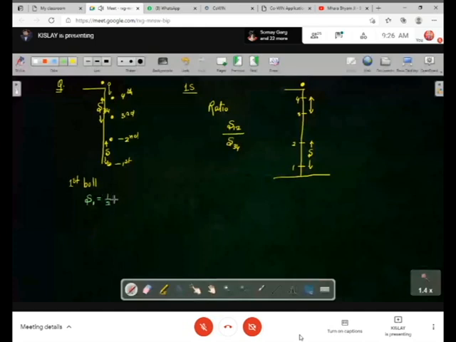For the second ball, distance covered is S2, and that is again initial velocity is 0, so here it is better to write half g t square. Now time is less, because second ball is dropped 1 second later.